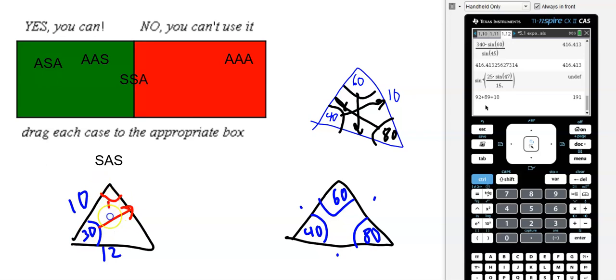You just don't have enough information. We can solve this eventually when we get to law of cosines, but right now with law of sines, we don't have enough information. So really, given two angles and one of the sides, or the SSA information there, those are the cases that you might be able to do this with.